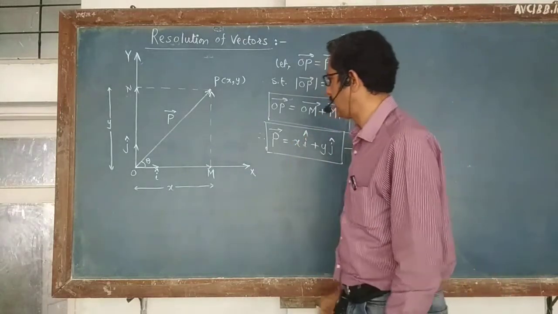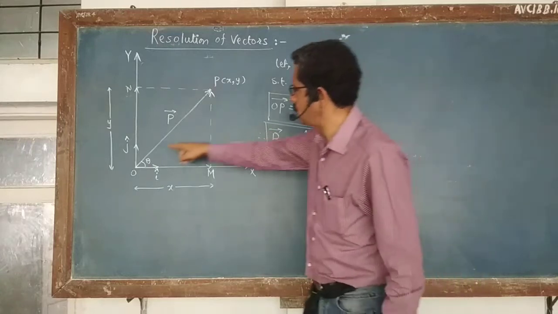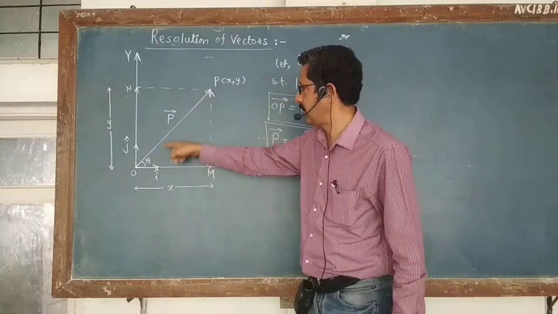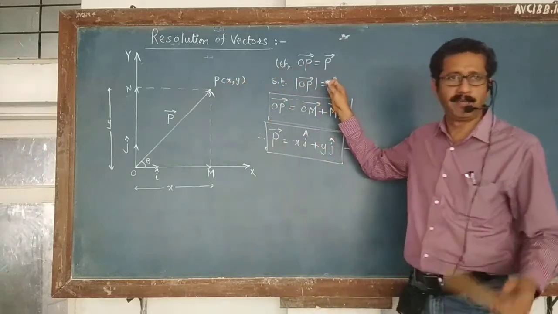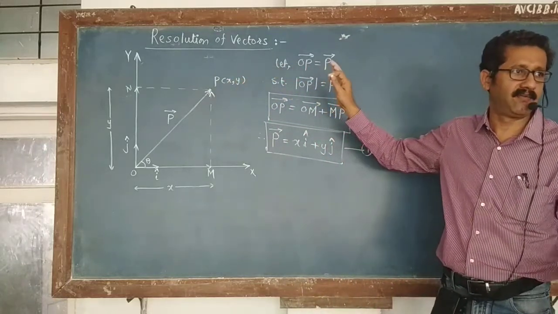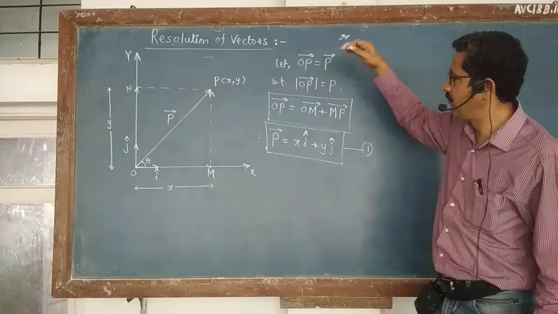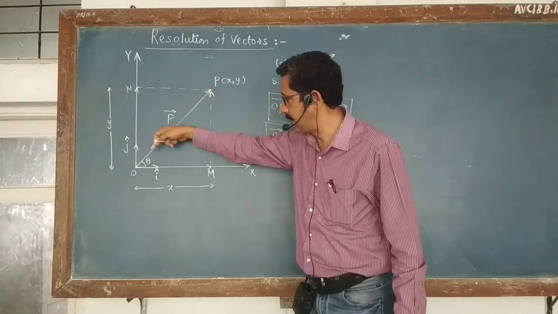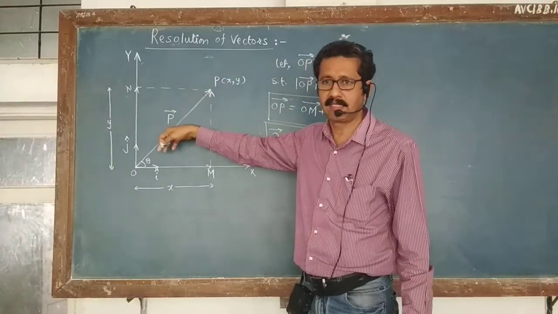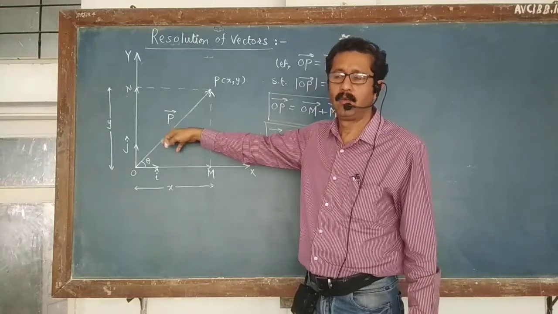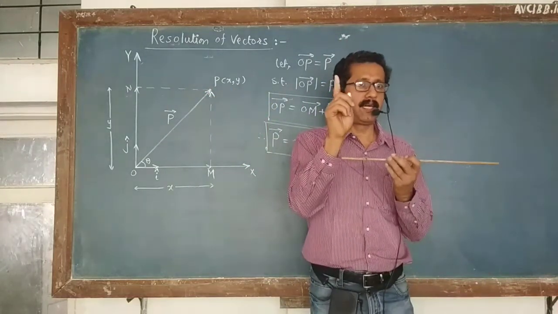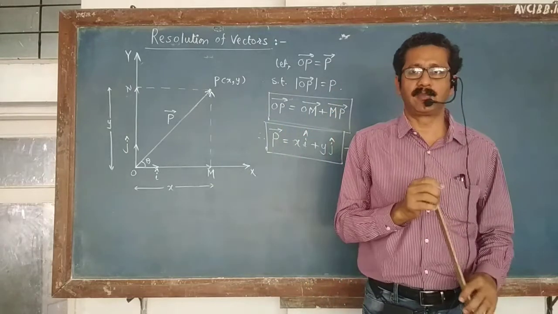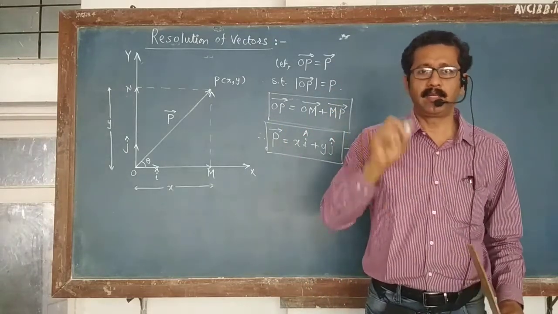But for the time being, I understand that this vector OP, or rather vector P, the magnitude of which is equal to P, could be 10, 15, 20 as we have already said. If this vector is making some angle theta with your x-axis, what are the two perpendicular parts of which this vector is made up? That's what I am trying to find.